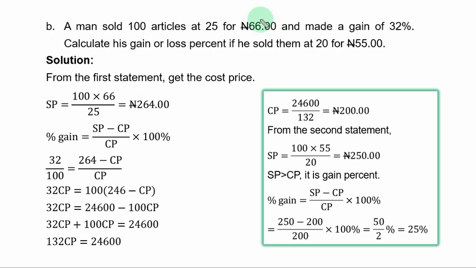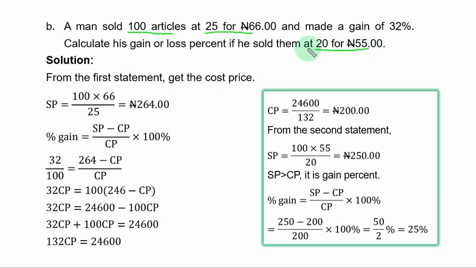Question 6b. A man sold 100 articles at 25 for 66 naira and made a gain of 32%. Calculate his gain or loss percent if he sold them at 20 for 55 naira.